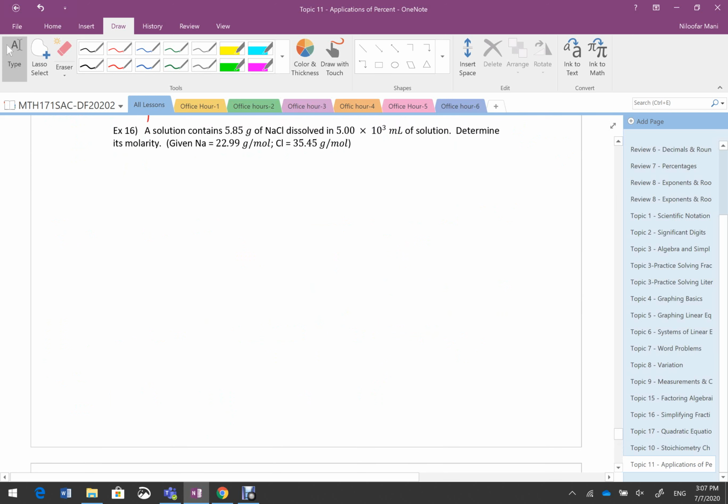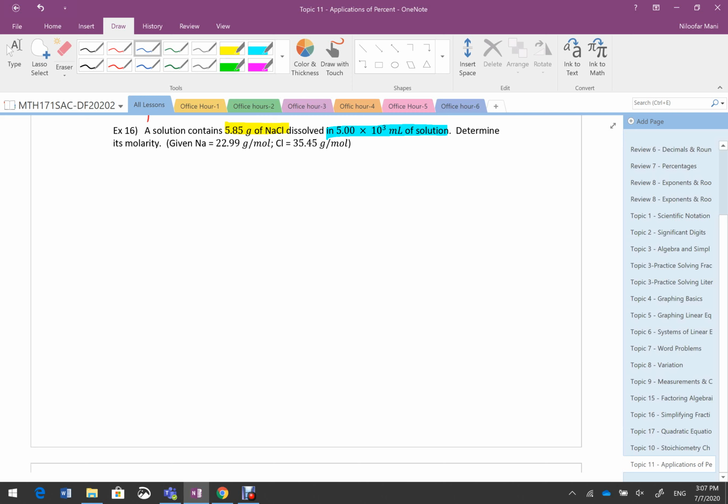Okay, so a solution contains this gram of NaCl in this milliliter of solution. So this is part, this is total. Determine its molarity. Find the molarity. So what do I have? I have gram, and down I have milliliter.